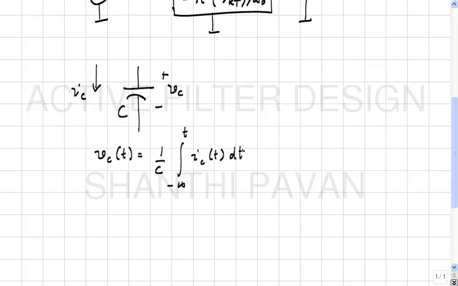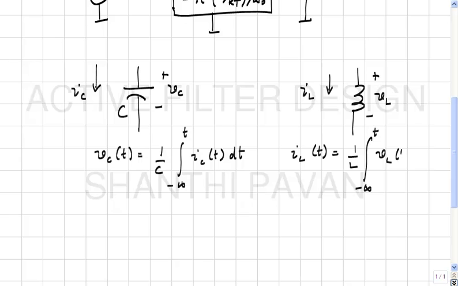Okay. On the other hand, for an inductor, the inductor current is 1 by L integral VL of t dt. You understand?